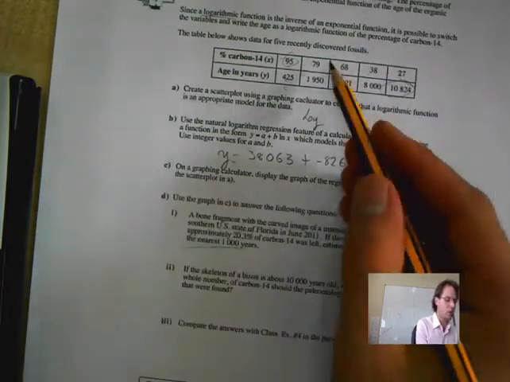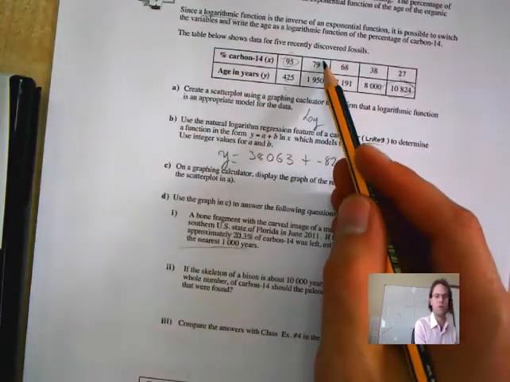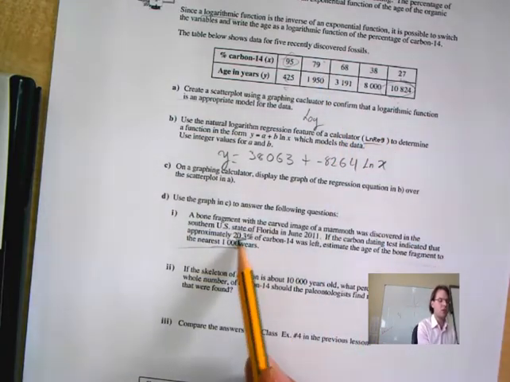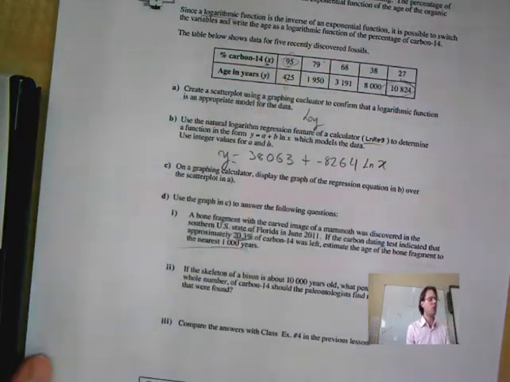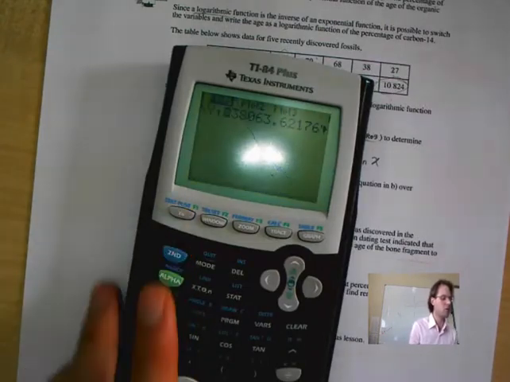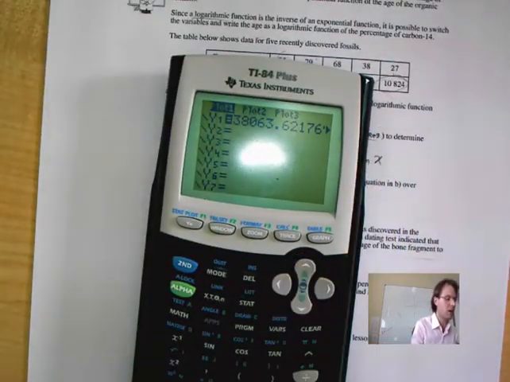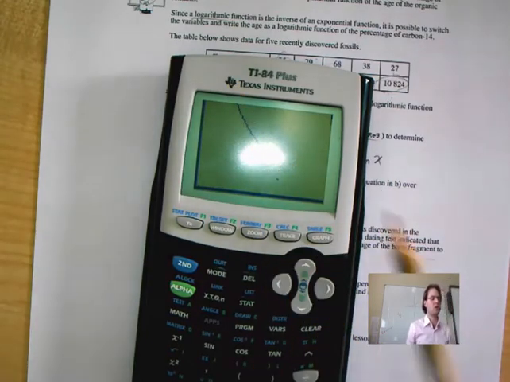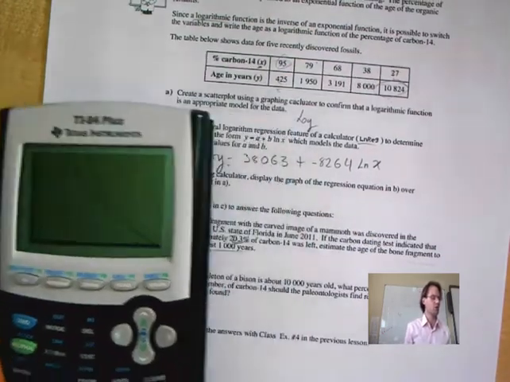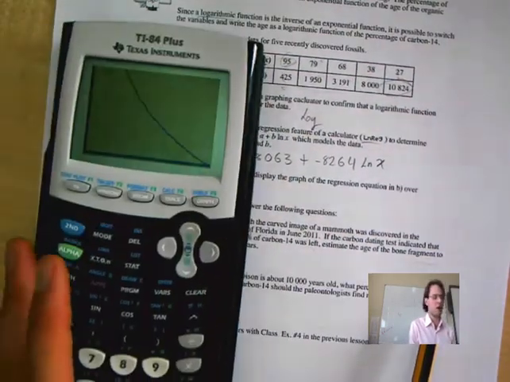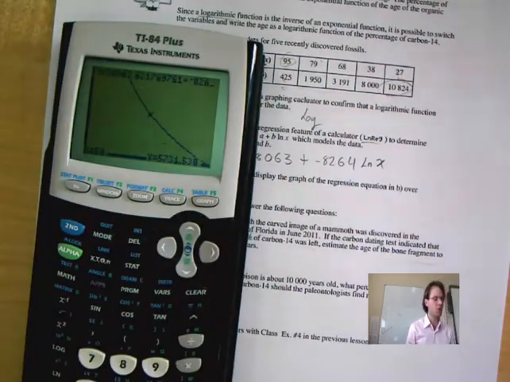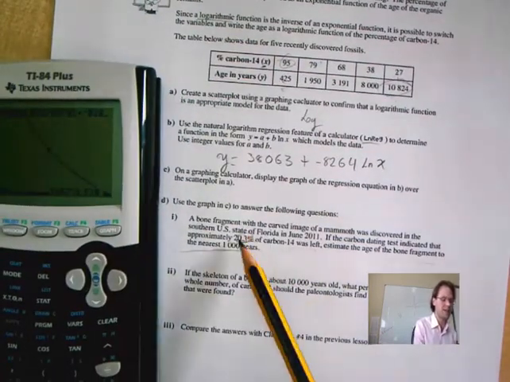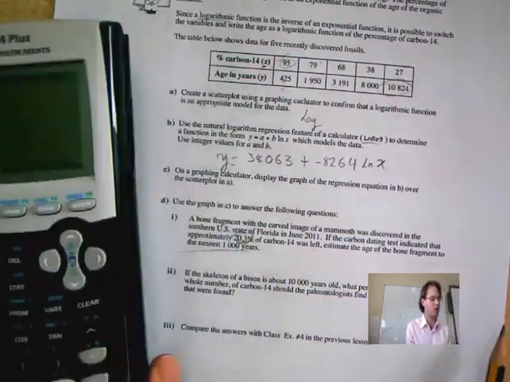So it says the percent of carbon was 20.3. Now the percent here refers to my x value. So all I'm going to do is go into the stat plot now and take off my dots on the stat plot. This just makes it a little bit easier. So I'm just going to trace, and we want to know when my x value, because percent is your x value, is 20.3.